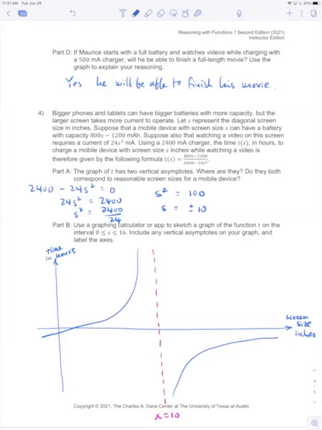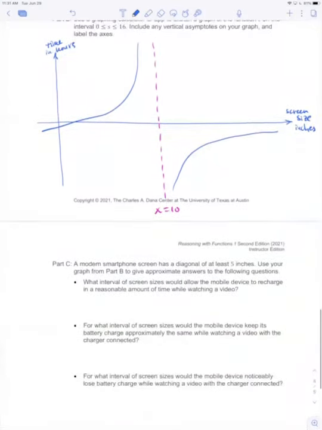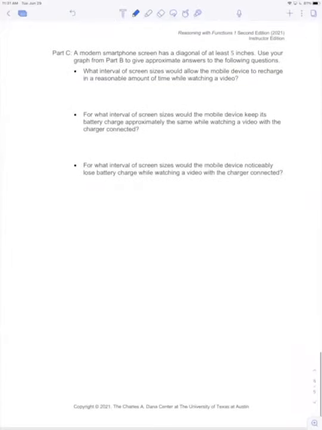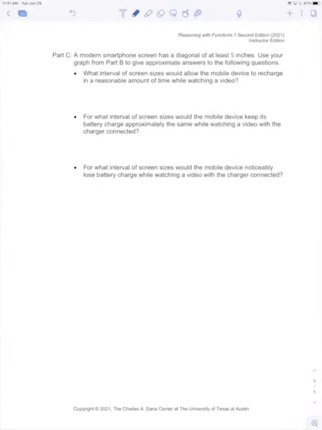Part C. A modern smartphone has a diagonal of at least 5 inches. Use your graph from part B to give an approximate answer to the following questions. What interval of screen sizes would allow the mobile device to recharge in a reasonable amount of time while watching a video?